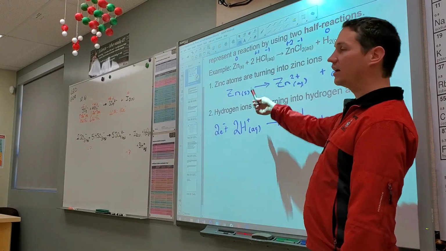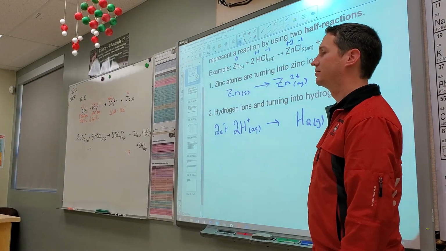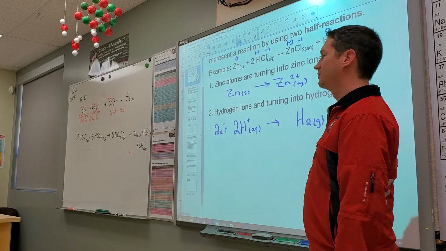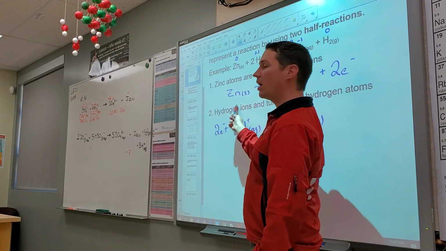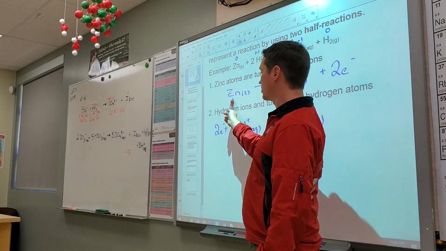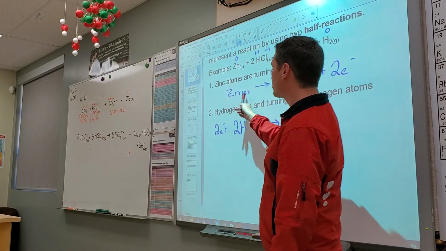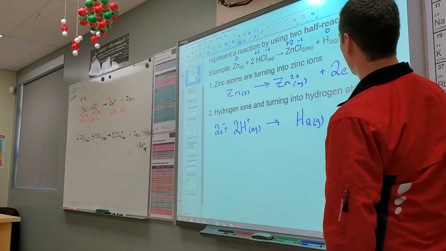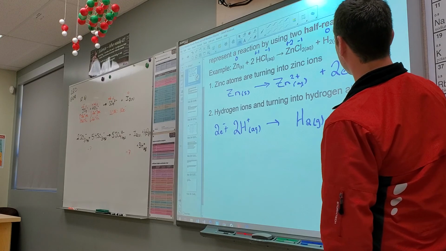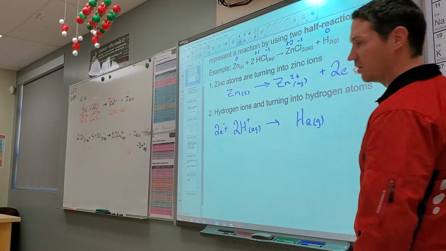Is the zinc gaining or losing electrons? Losing. The zinc is not combining with electrons, right? It's not being added to electrons. It's turning into something, and it's releasing electrons. So this right here indicates that we are losing electrons.